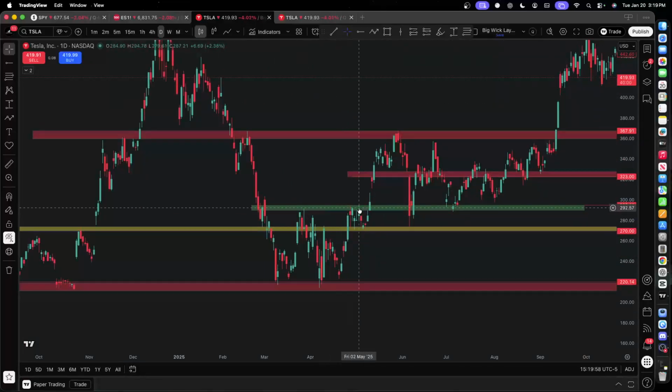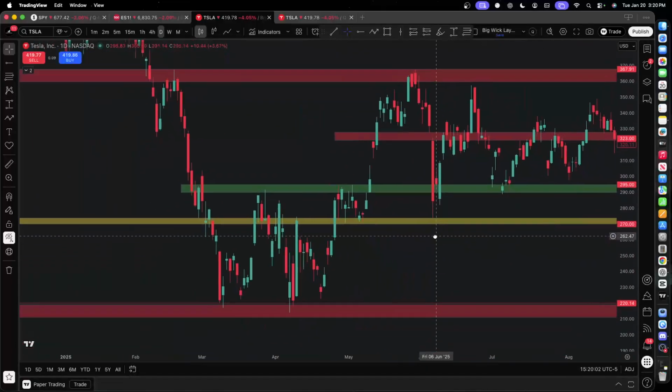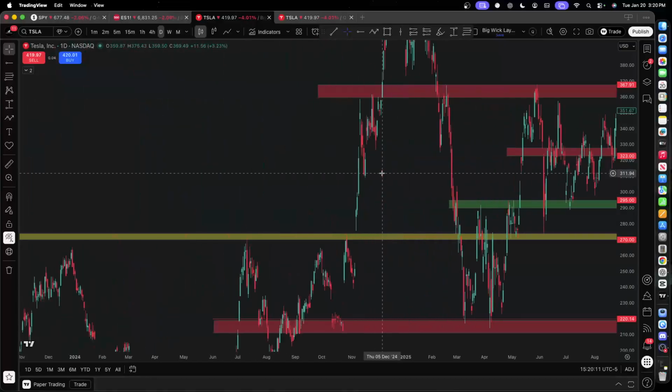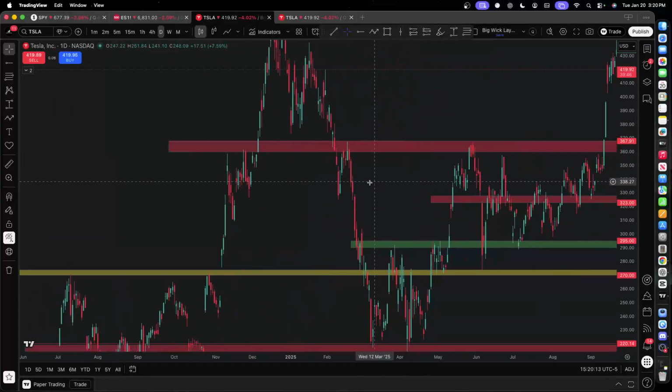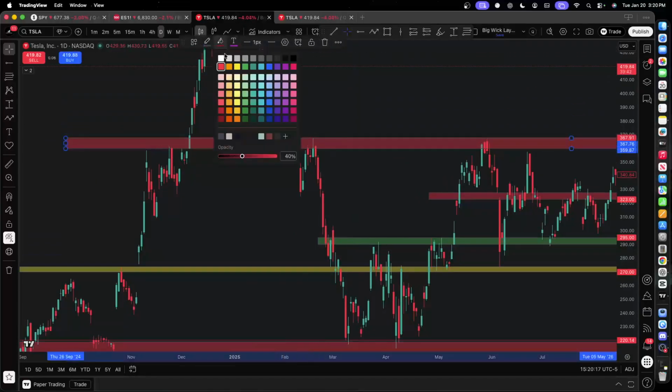We see the break and retest over 270 right here. I don't know if you guys can see exactly where I'm pointing. 270, perfect break and retest. I mean, this is textbook low key. Bam, we rip. Then we push up into what was previously also a very textbook trade, into this new golden level.